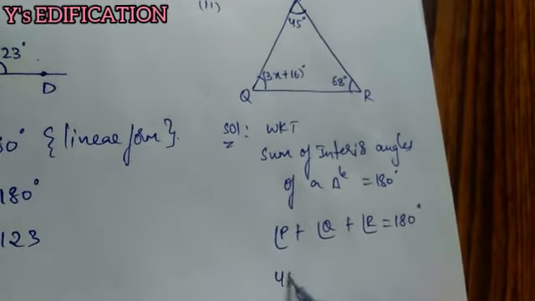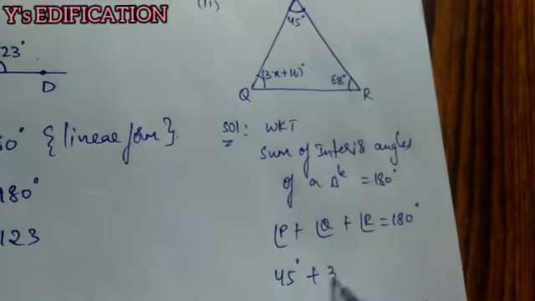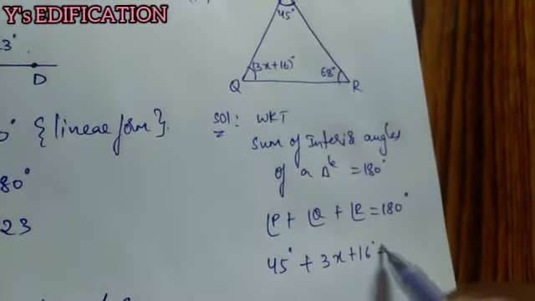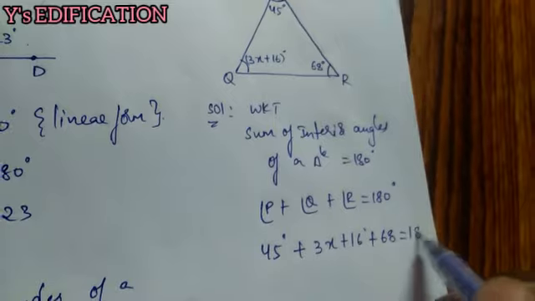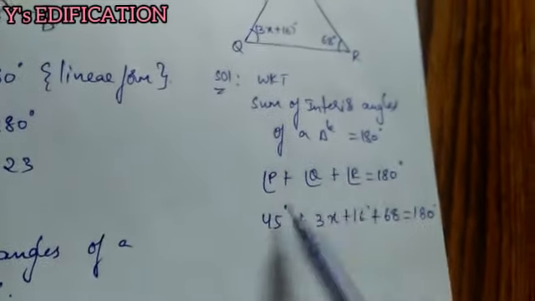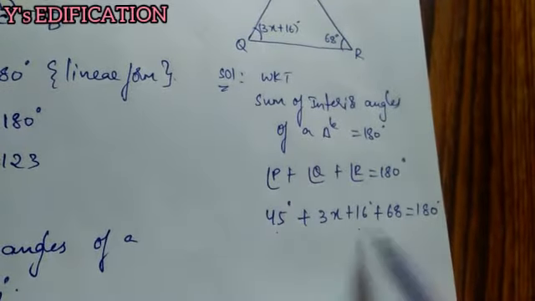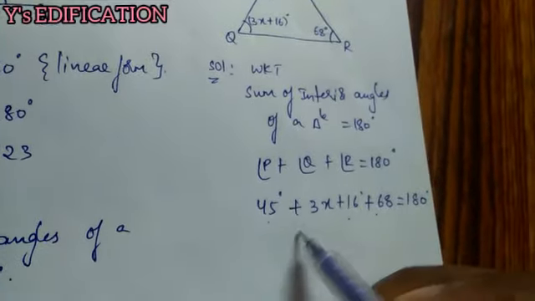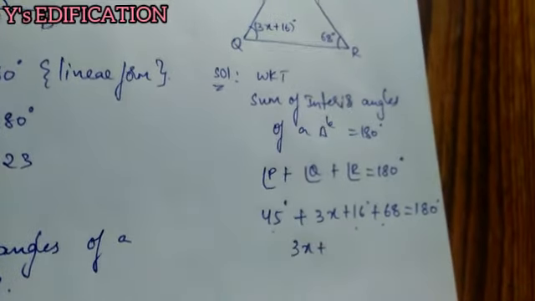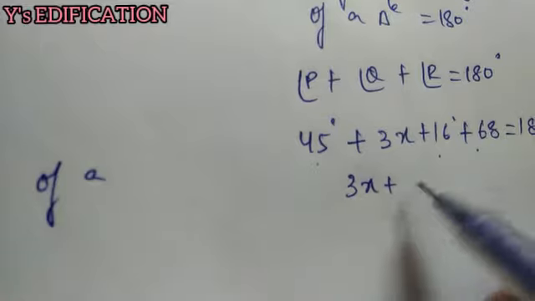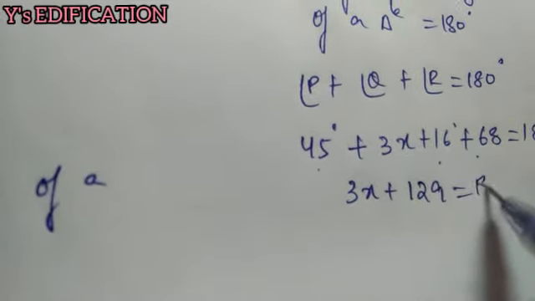What is P here? P is 45, plus what is Q? 3x plus 16, plus 68 is equal to 180 degrees. Now after adding 45, 16 and 68, we'll get 129 is equal to 180.